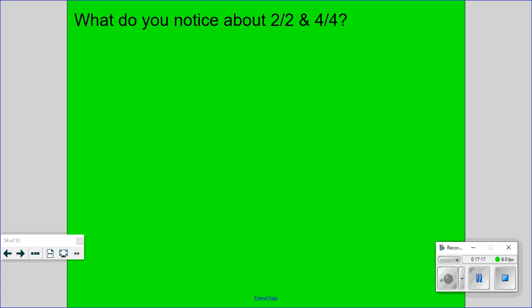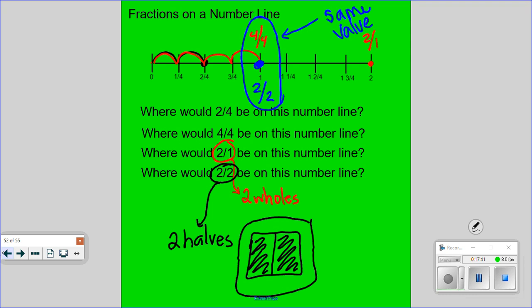The last page we're going to do, this is your new title. What did we notice about 2 halves and 4 fourths? Go ahead and write that as our new title. On our number line, if we go back to that, we notice that 2 halves and 4 fourths were at the exact same spot.